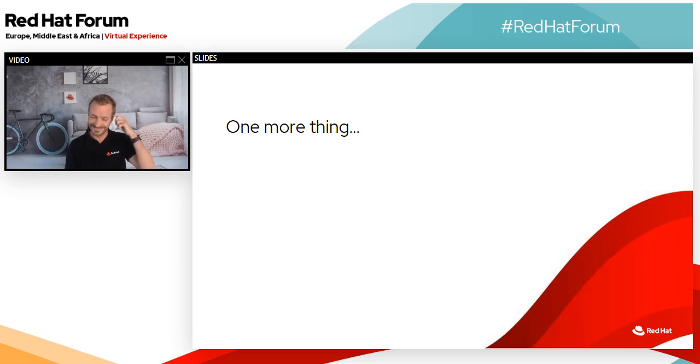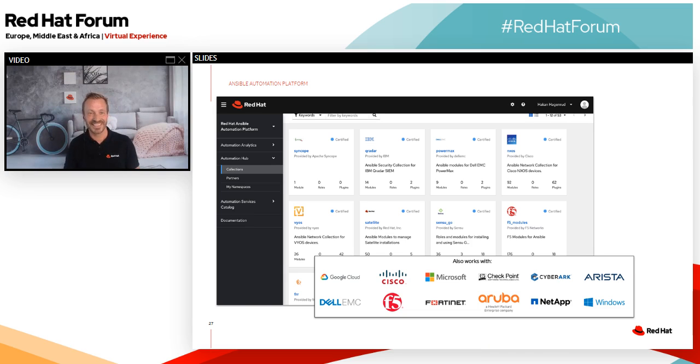Oh yes, and then there's one more thing. As my excellent colleague Øyvind showed in the demo, we also included Ansible into the solution. We know that all of you will be running stuff that is not Red Hat based. So with Ansible, you are free to automate almost anything from cloud apps to home automation with intelligent light bulbs.